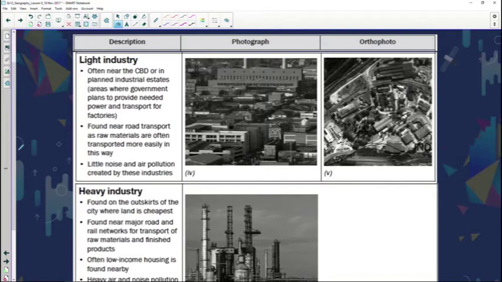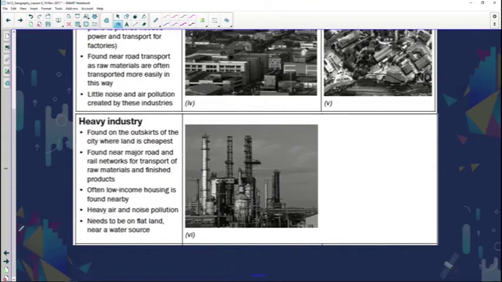As you can see over there, heavy industries like we discussed before, usually on the outskirts of the urban areas. Why? Because of the amount of noise pollution and air pollution that's being created, and very importantly, close to transport networks so they can take their product and deliver it to other parts of the country.